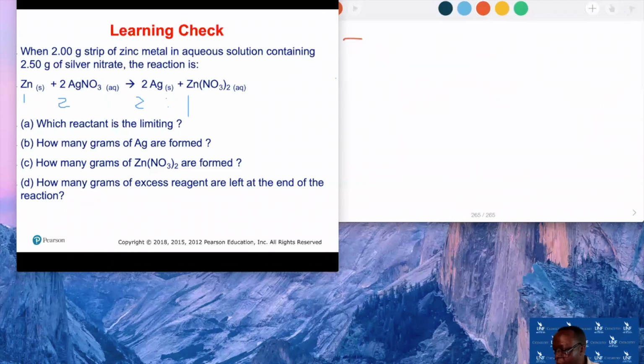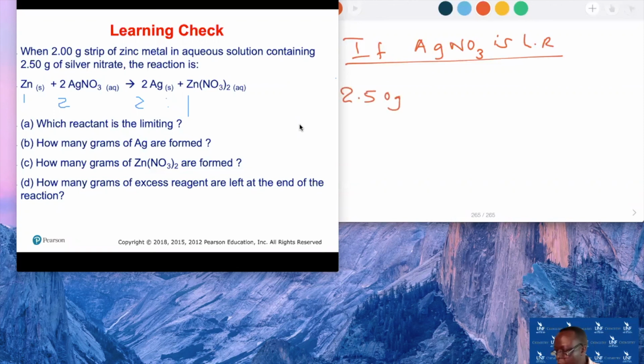Then you come and say, if silver nitrate, AgNO3, is the limiting reagent, how much silver will be produced? In a similar way, we will just set up the equation: 2.50 grams of silver nitrate, AgNO3, times the molar mass of silver nitrate, 169.87 grams of silver nitrate per 1 mole of silver nitrate.